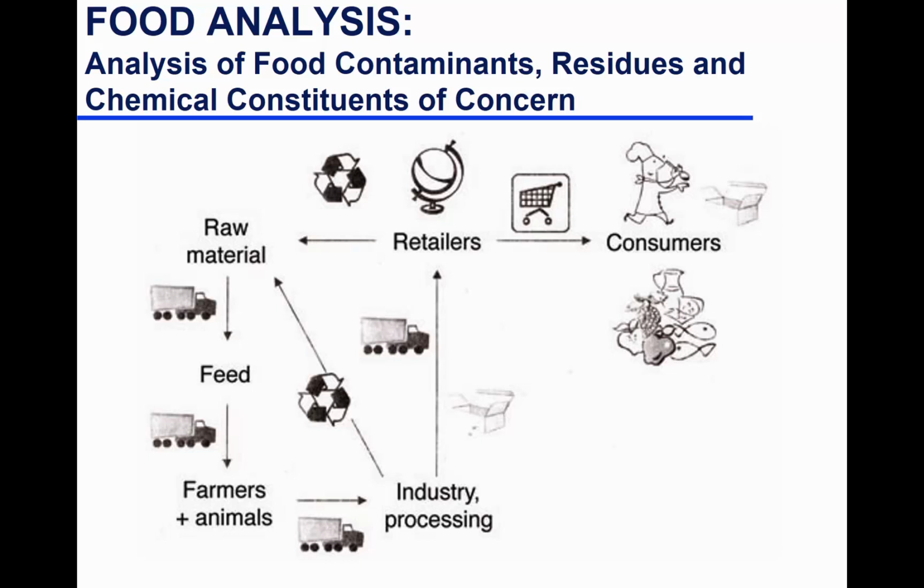Can you think of any contaminants or residues in any area or place in this circle of life? Circle of food. Any contaminants or residues that are concerning that might form in the food product or get into the food product?